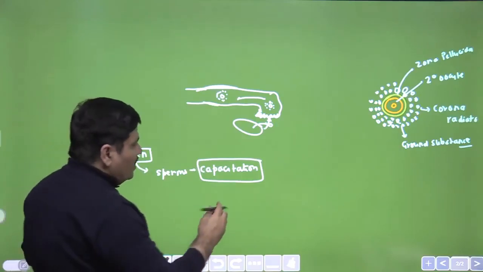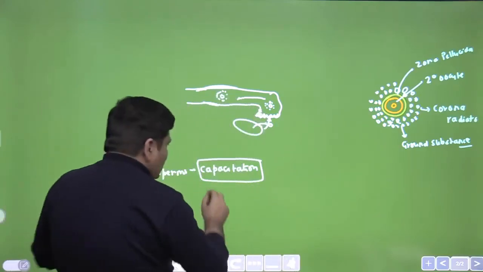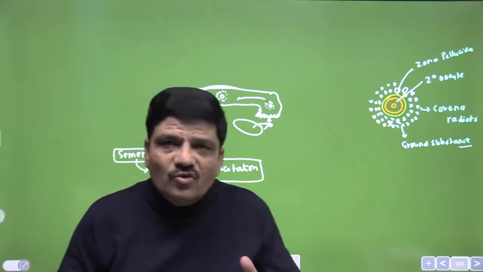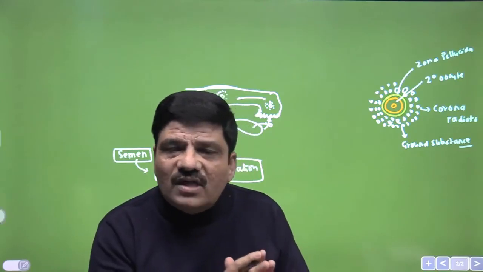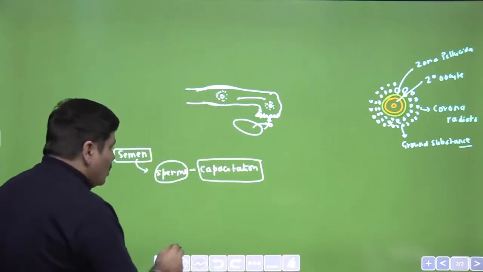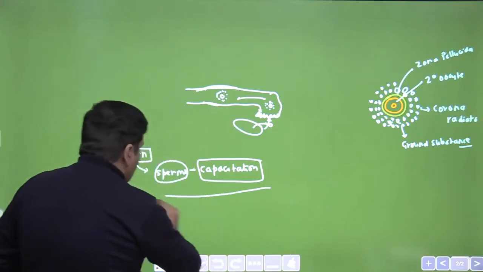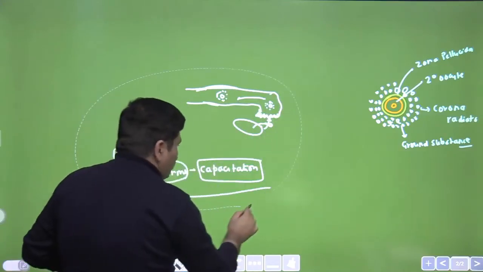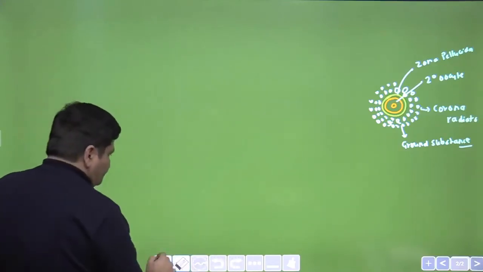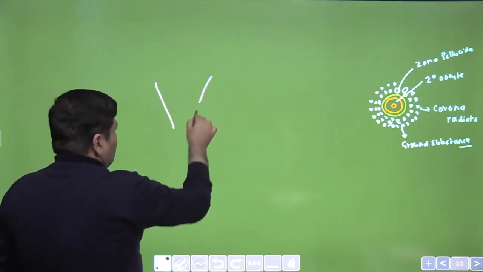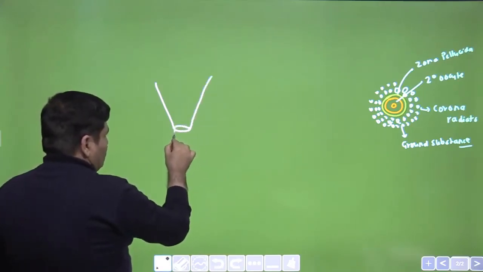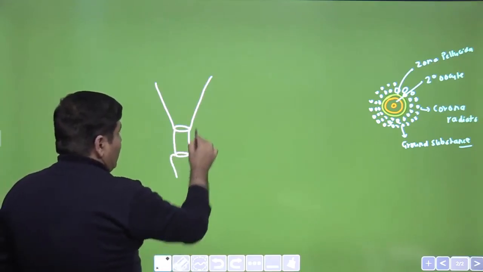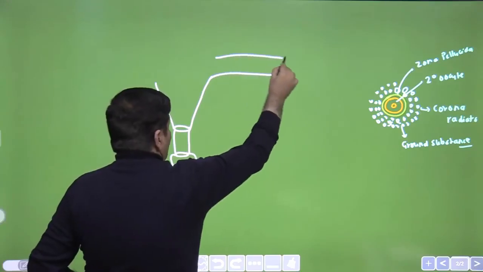So now the sperms have to cross what is called the cervix. One of the major obstacles for the sperms would be the cervix. Just to understand things more clearly, this is the uterus. If you remember, this is the internal os, then the cervical canal, then the external os and the vagina, and this would be the fallopian tube.